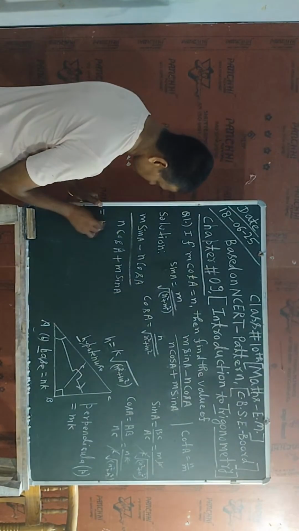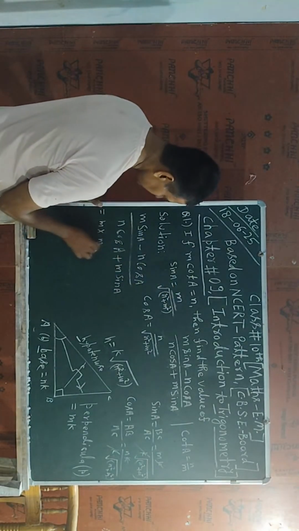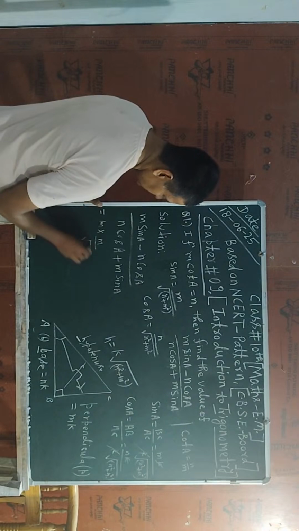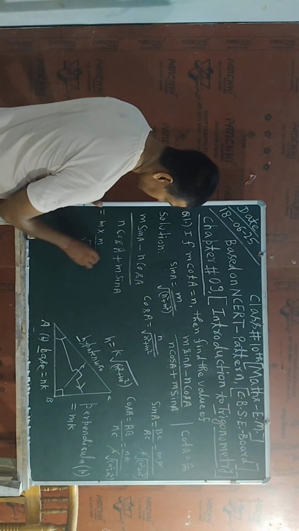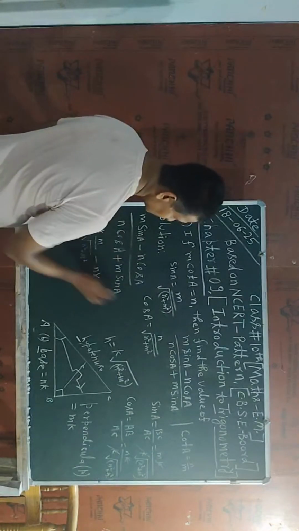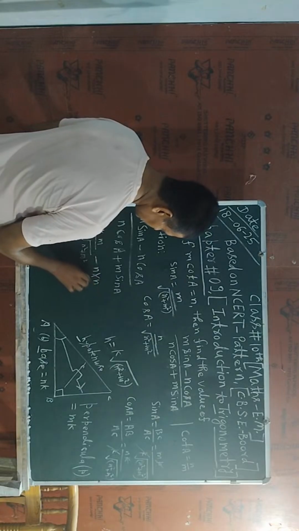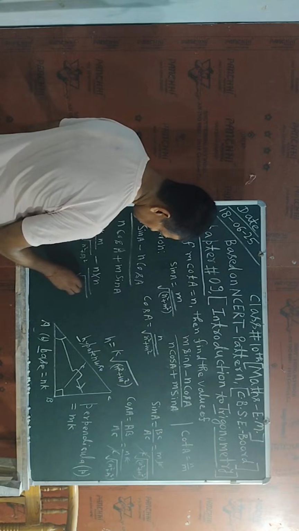So here N is given. In the place of sin A I have to put M divided by square root of N square plus M square. Now here minus M is given. In the place of cos A I will put N divided by square root of N square plus M square.